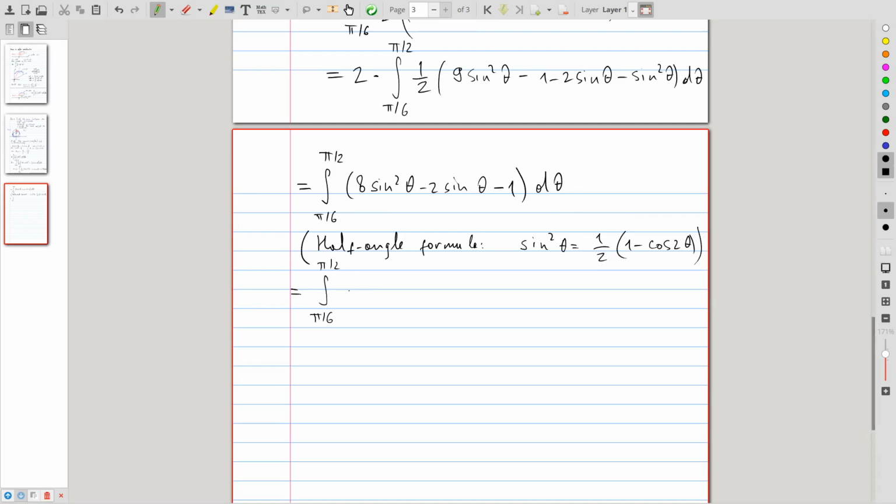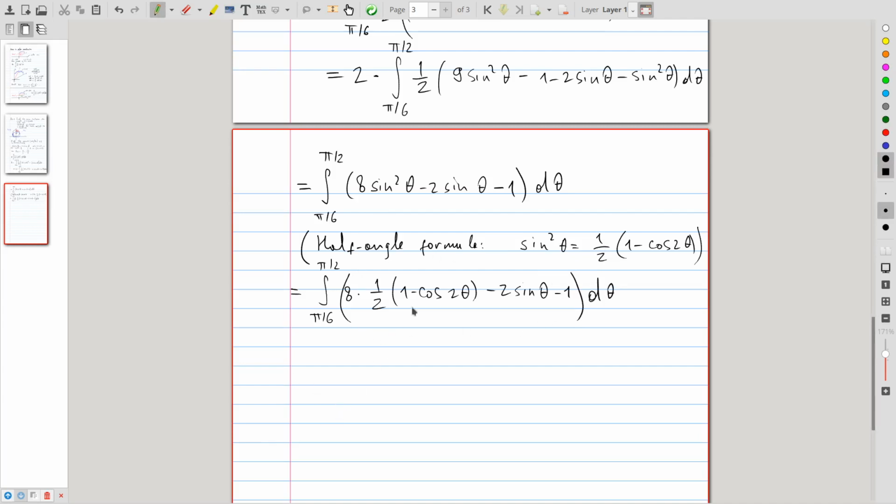So we have now 8 times 1/2 times 1 minus cosine of 2 theta, minus 2 sine theta, minus 1, d theta, like so.